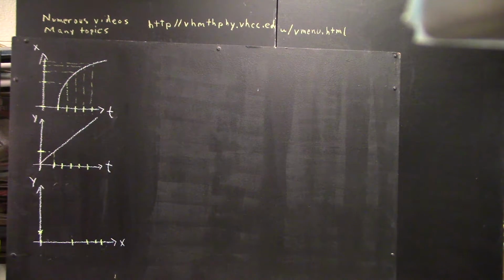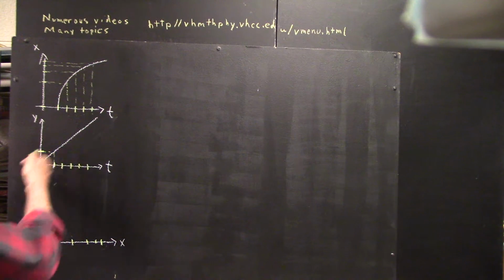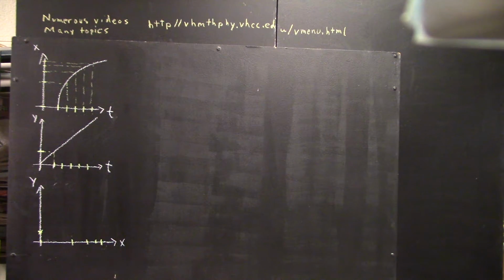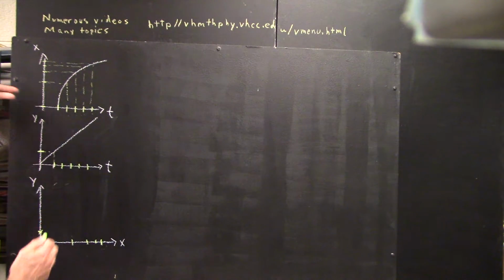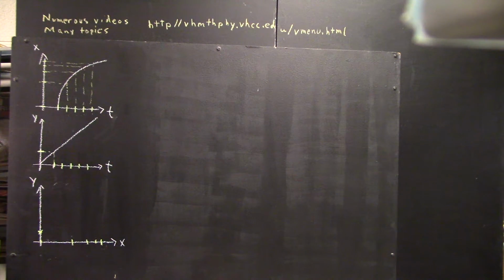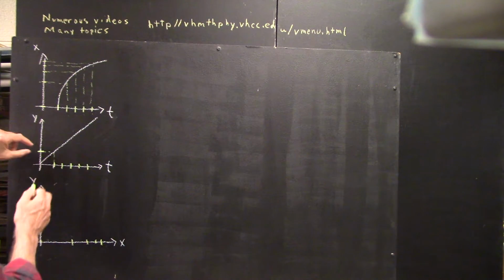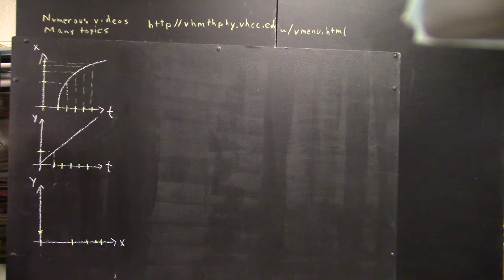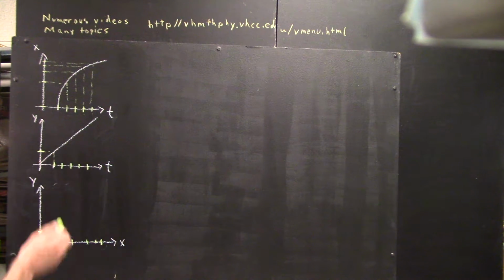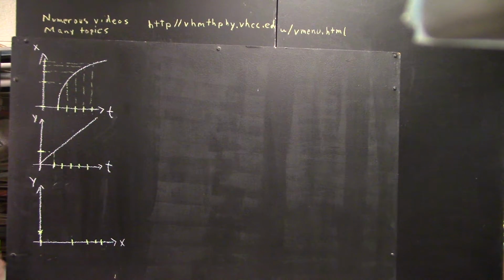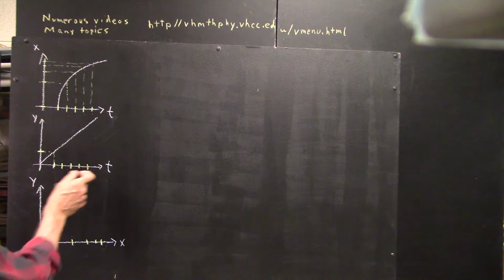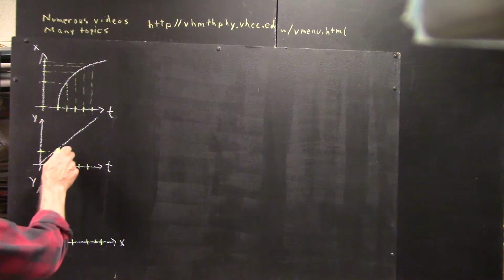Now what about my y values? Well, you know, this is a straight line. Okay? If my t values are equally spaced, then my y values are going to have to be equally spaced, because of course the difference in two y values is equal to the rise of the graph, and the difference between the two t values is the run of this graph. If the run is always the same, the rise is always going to be the same.